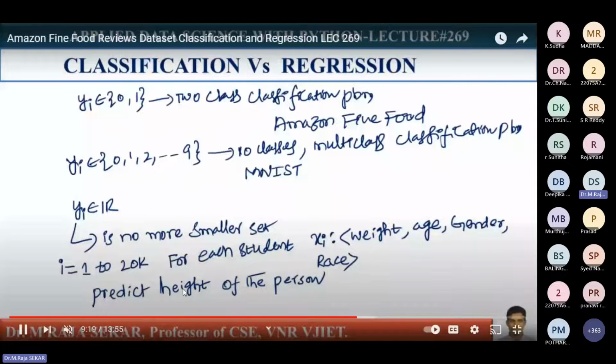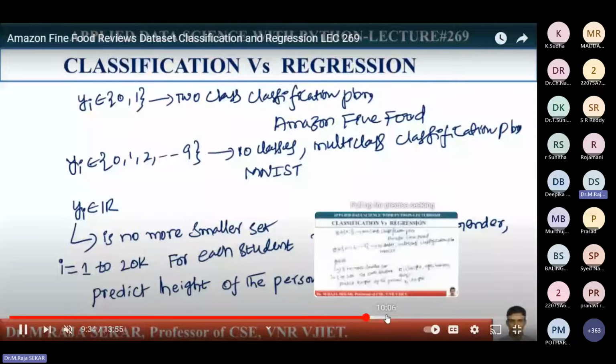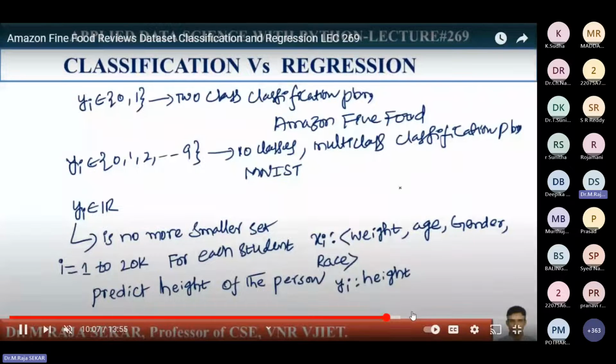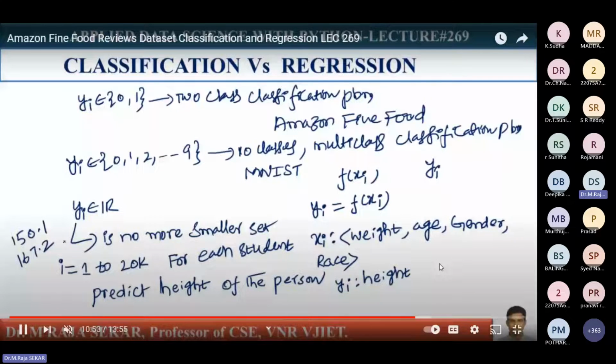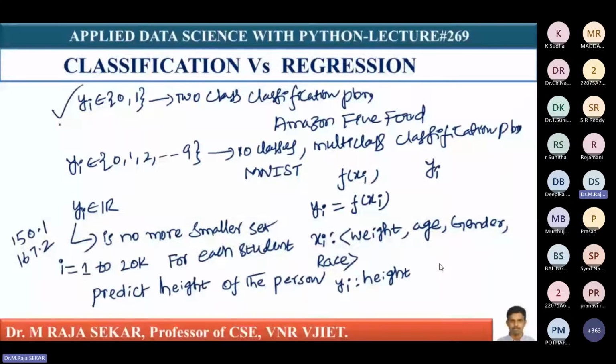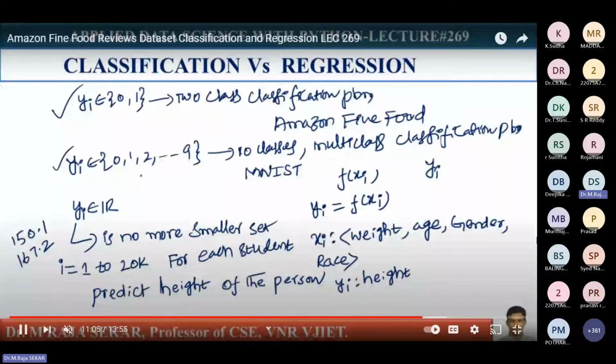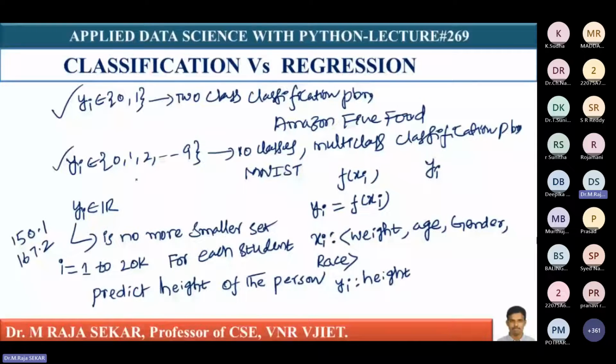Height is a real number. Once yi belongs to the real number system, I can say it's a regression problem. Simple. If your class label is related to the real number system, that is regression. If it is related to something like class 0, class 1, class 2, up to class 9, or that may be gender, male, female, or review, positive review, negative review, depending on your yi.